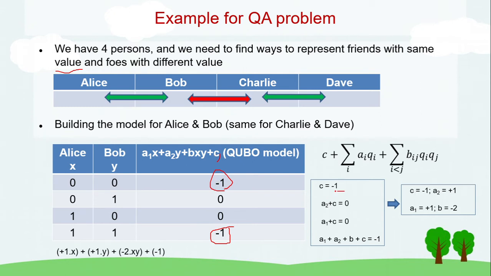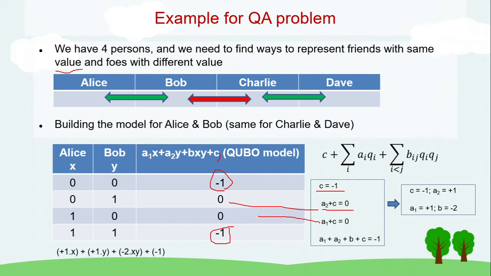That's how this equation came, simplified by assigning the values. Next, X is 0, gone, Y is 1, so A2 will be there, A2 plus XY is 0 plus C. So A2 plus C is equal to 0. That's what has come from here. Similarly, it will come from here.